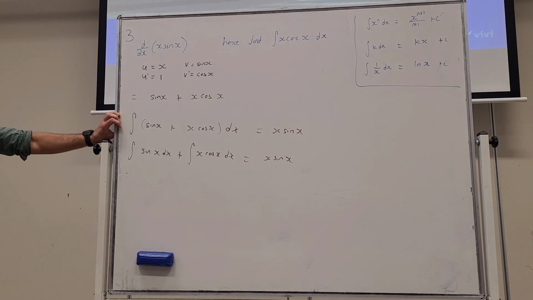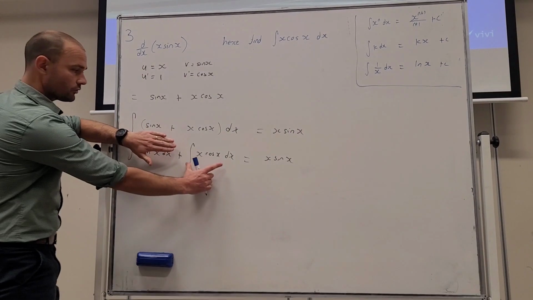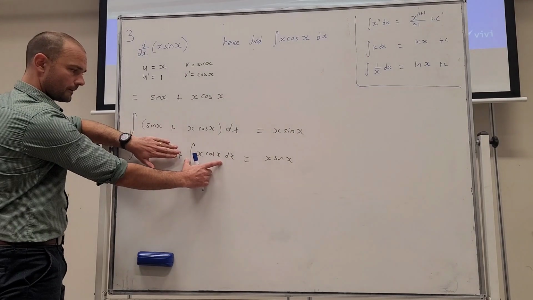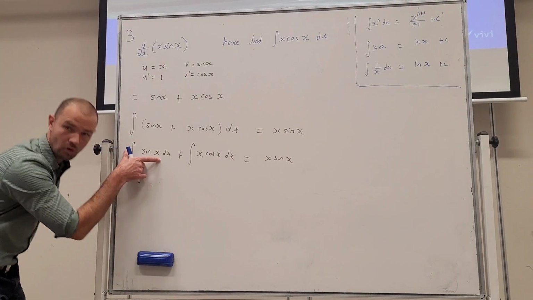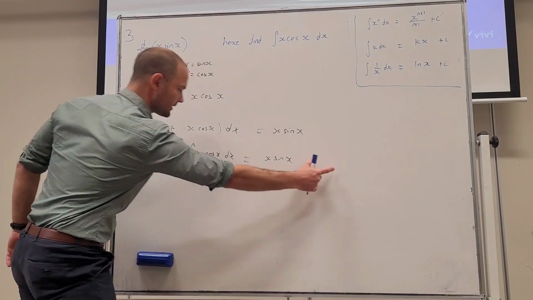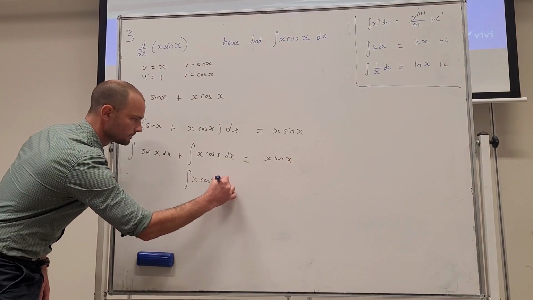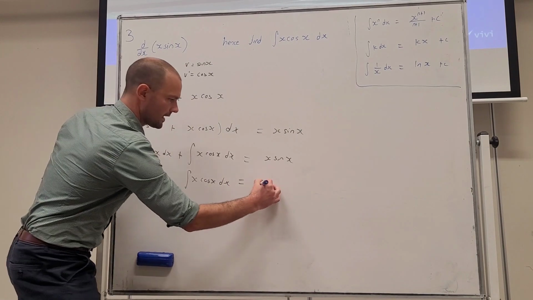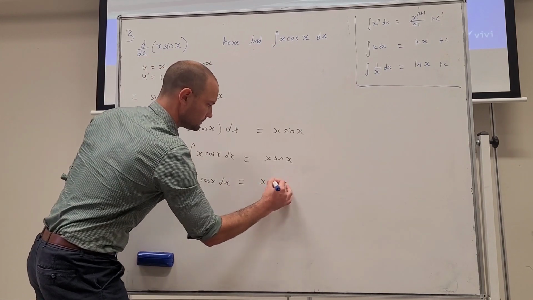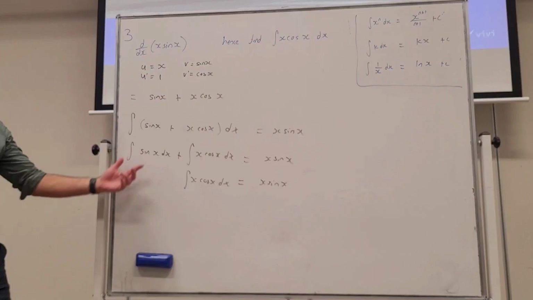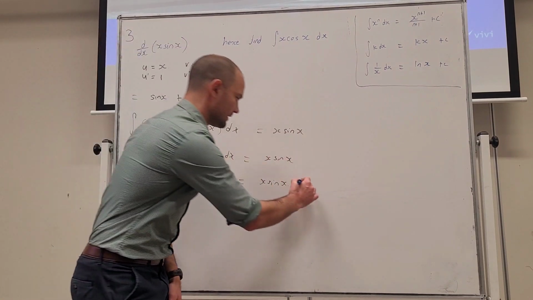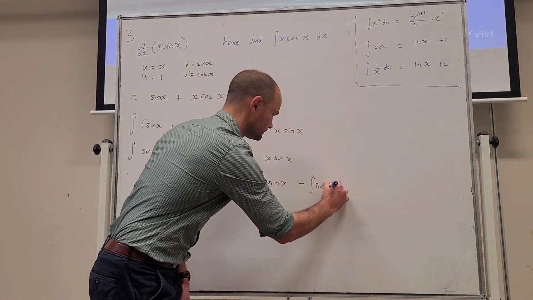And now it's just a linear equation. We're interested in this component of it. So I'm just going to subtract that from both sides. I'm going to move that over to here. We have the integral of x cos x. x sine x is hanging out. And I'm subtracting that from both sides, the integral of sine x.